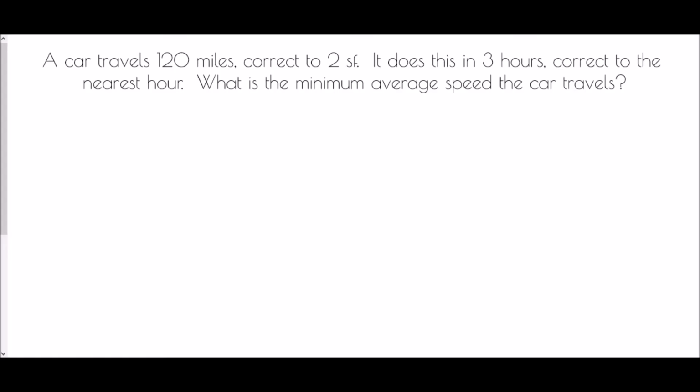So next, a car travels 120 miles correct to two significant figures. It does this in 3 hours correct to the nearest hour. What is the minimum average speed the car travels? Well, again, the first thing we need to think about here are the two values that we've been given as rounded values.